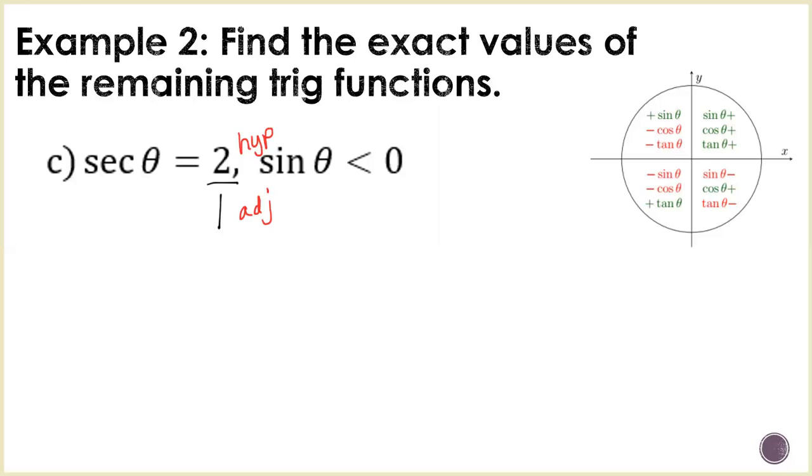Exactly, good. So we're in quadrant 4. So we just need to know that in quadrant 4, cosine and secant, those are the only ones that will be positive in the end. And just like you saw in the last one, I usually just find all of my ratios and then add my negatives at the end.